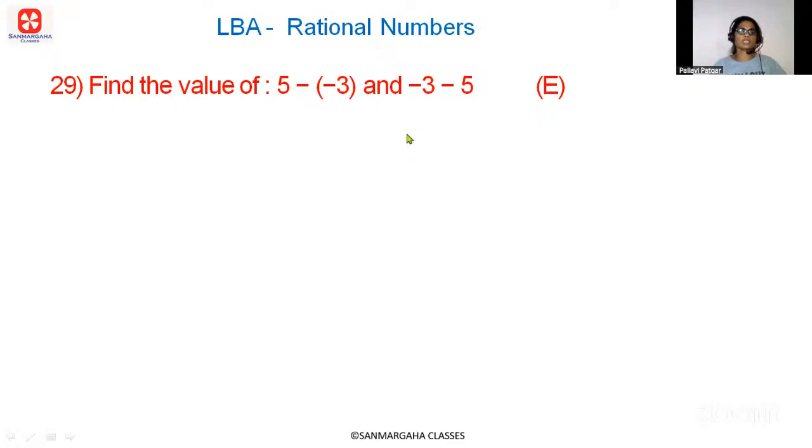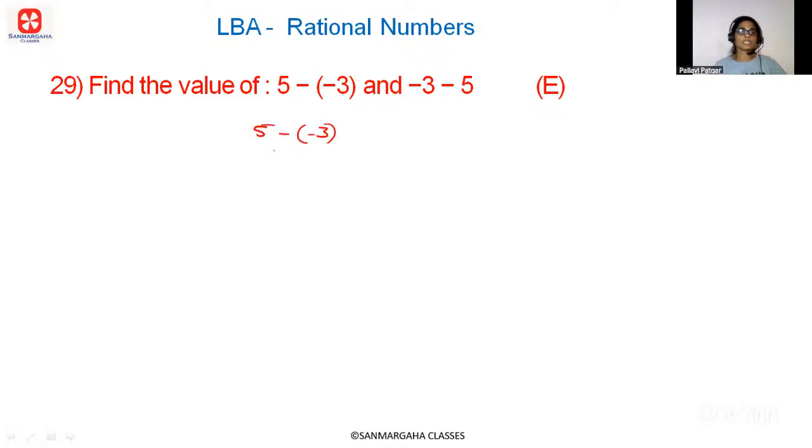In the rational number chapter, look at question number 29. Find the value of 5 minus of -3 and -3 minus 5. So here, the first one, 5 minus of -3.